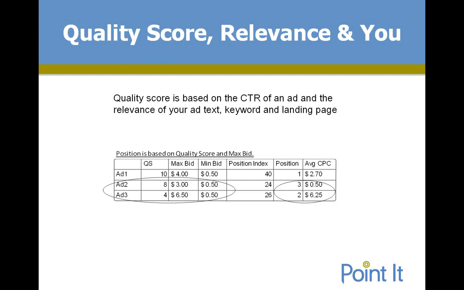So that's how critical it can be to have a high quality score, which again is primarily based on the click-through rate, but Google does have a lot of other factors that they factor in, including the landing page loading time, the relevancy of the landing page, etc. And a lot of people freak out about the quality score because Google often updates that algorithm, just like in search engine optimization, where people can freak out about Google changing the algorithm too.